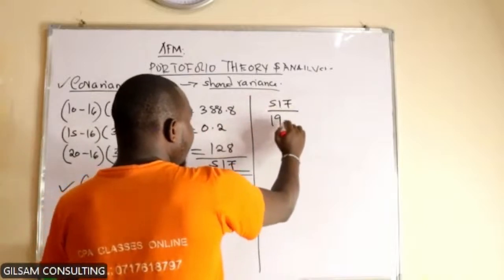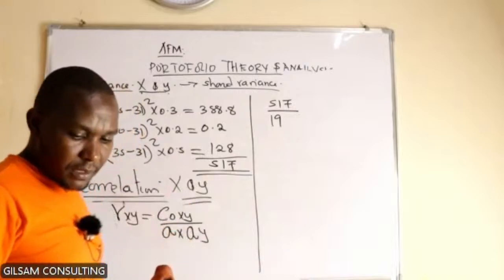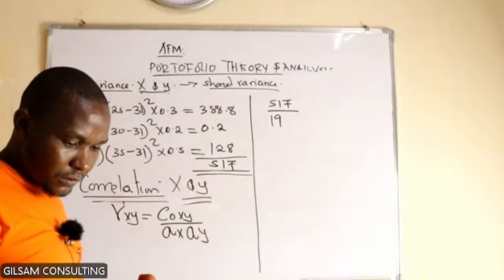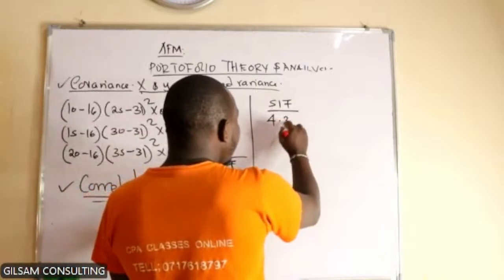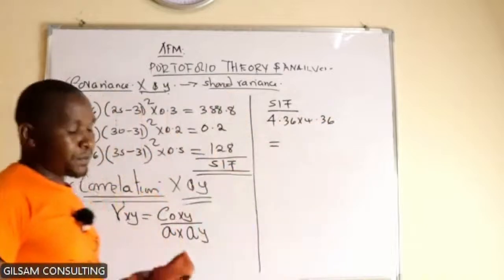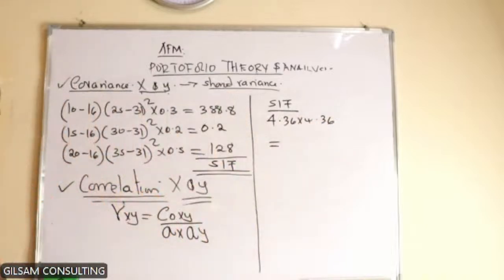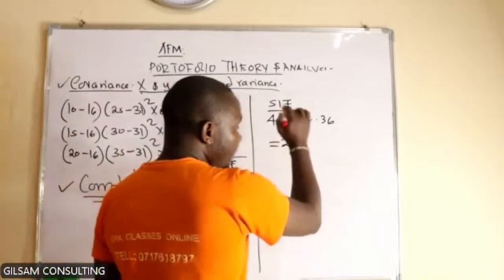Before that, we take the standard deviation of S squared, 19, multiplied by the standard deviation squared, 4.36, and we add to get 19. Then 517 we divide by that answer. So the correlation here is 27.